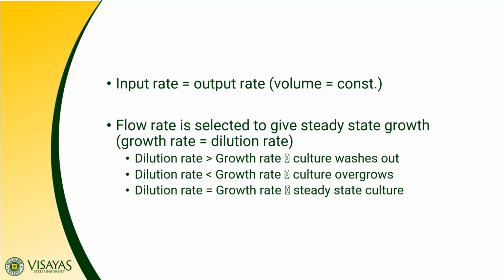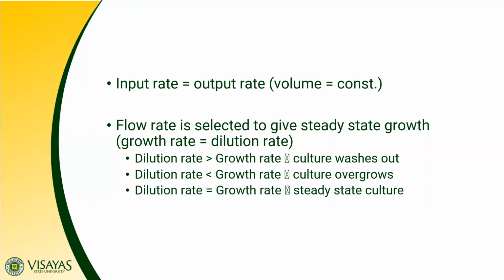There is a great decrease in the production of the product by the microorganisms because a significant concentration of the cells is washed out. If the dilution rate is less than the growth rate, there is a culture overgrowing in the fermentation vessel.